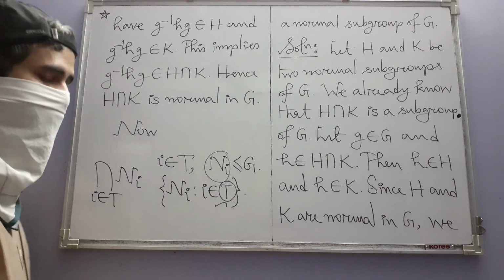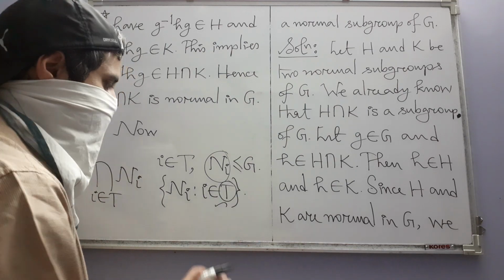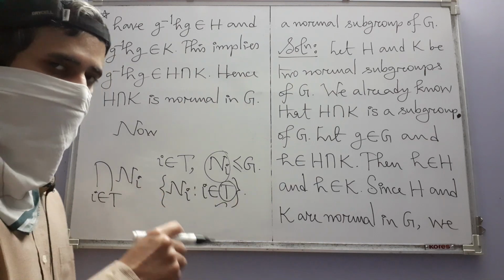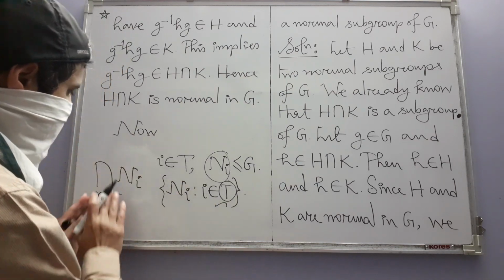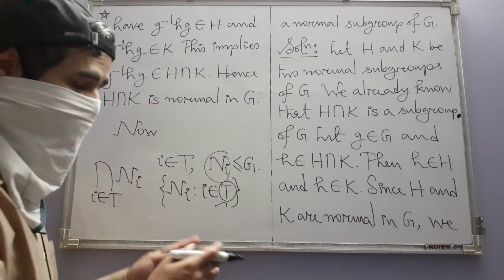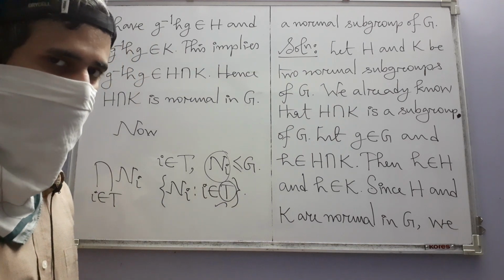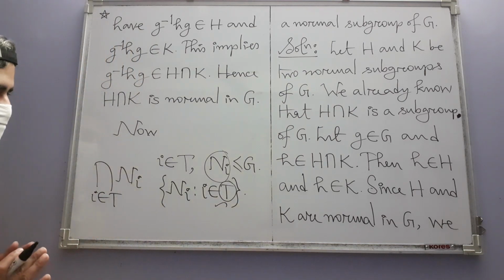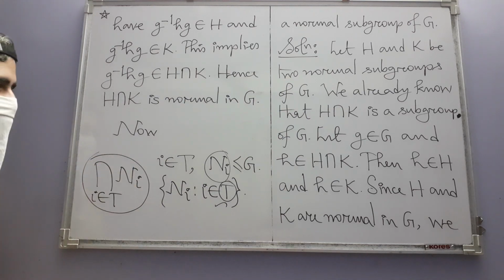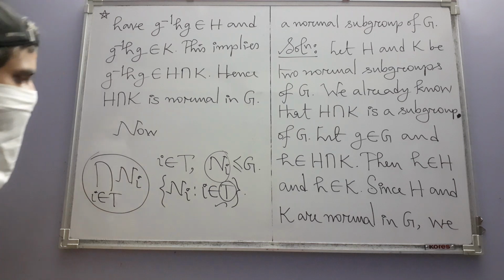In this text, however, that has been avoided by assuming T to be non-empty when we define an intersection of sets where the sets are being labeled by the set T. So for us T is non-empty. Now we need to prove that this is a normal subgroup of G, just like all the Ni's are.